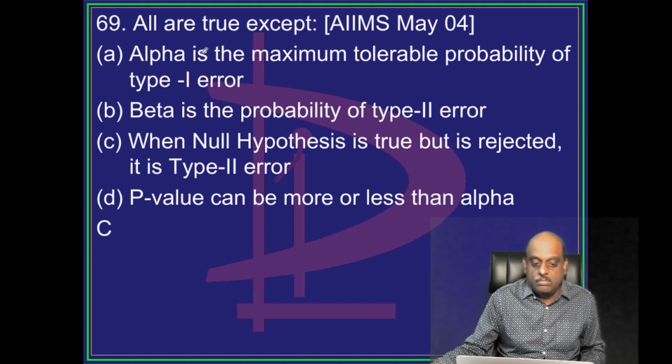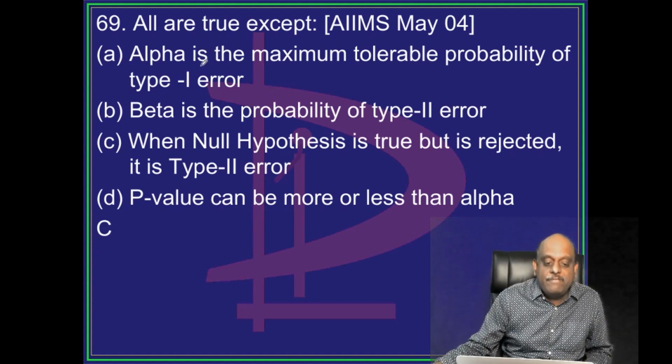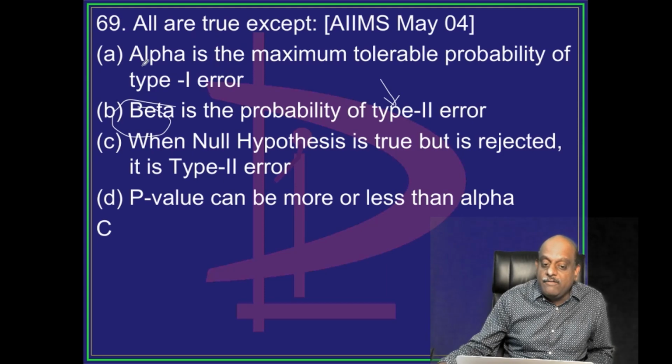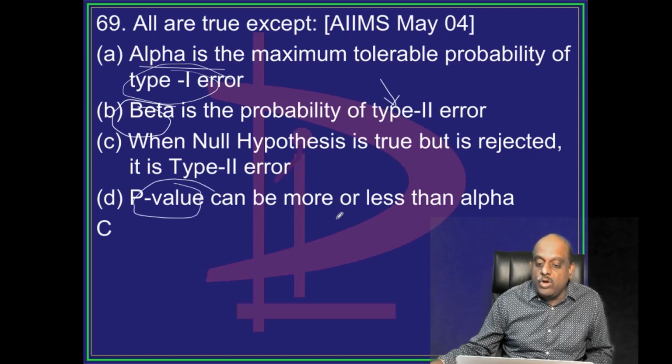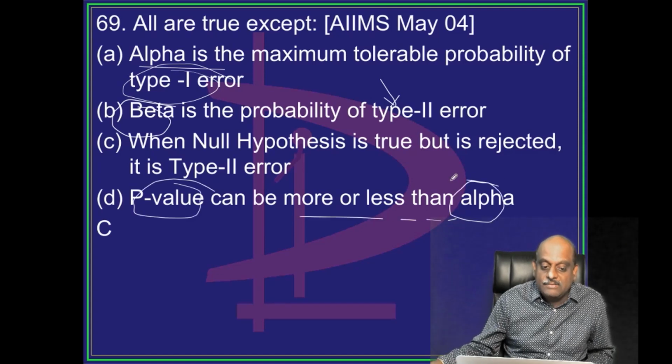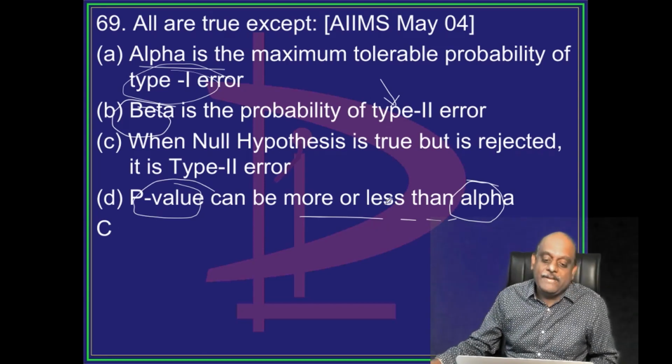Now, with regard to the alpha error, beta error, you should be sure. Beta को बोलते हैं type 2 error. Alpha is a type 1 error. P value can be more or less than alpha. They're all true. अभी बताओ.